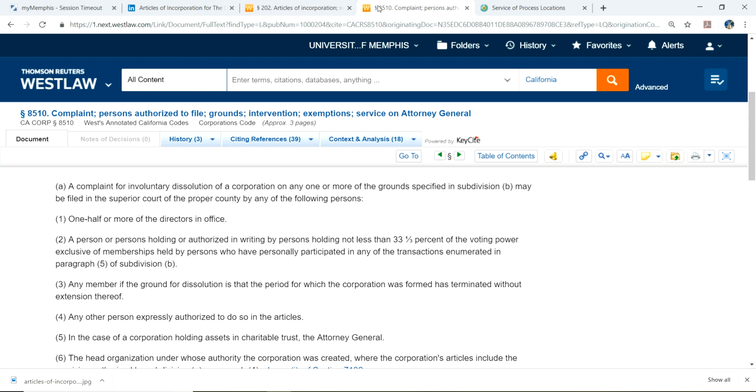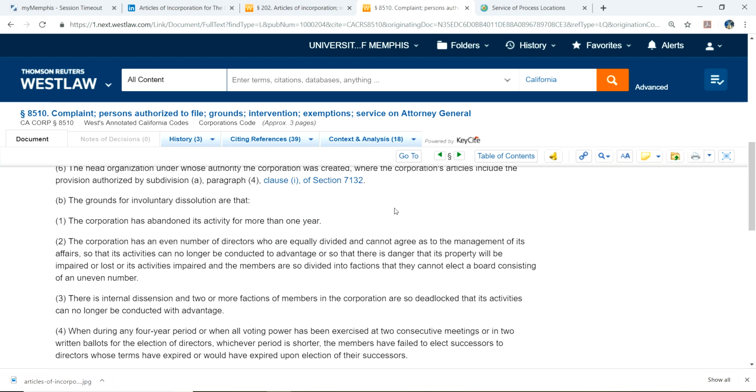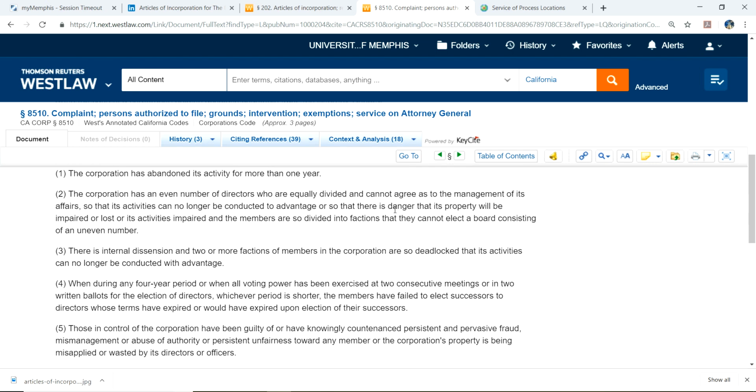And I wanted to scroll down a little bit and show you the involuntary dissolution under this statute, because I believe this is what they are specifically referring to. The statute says in Section 1, the corporation has abandoned its activities for more than 1 year.